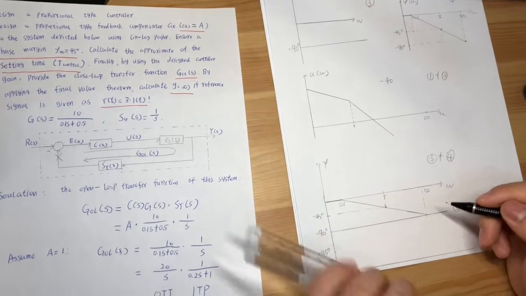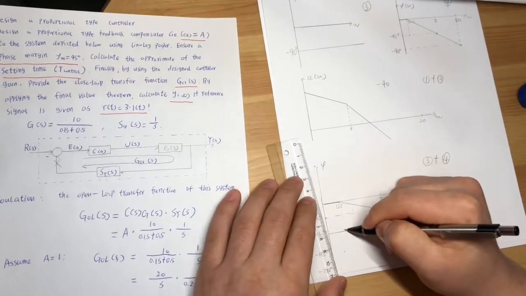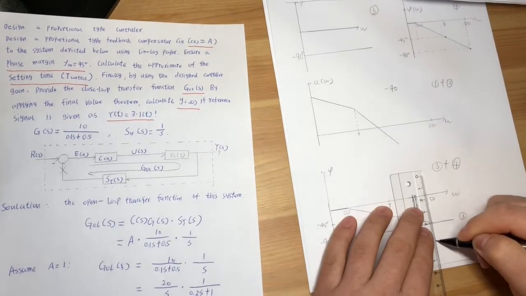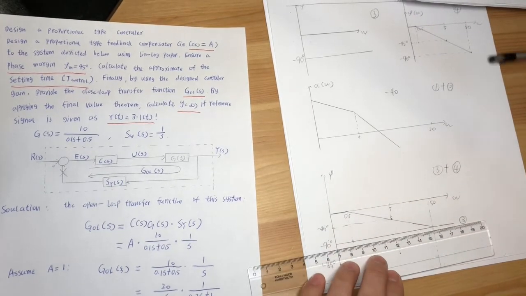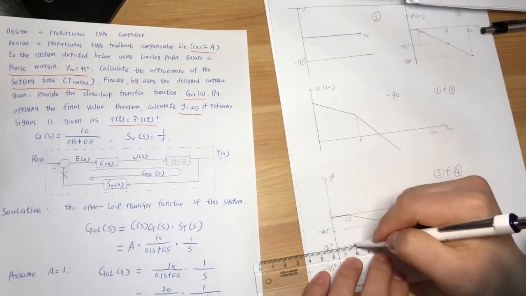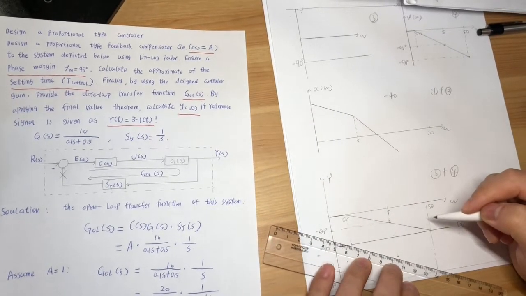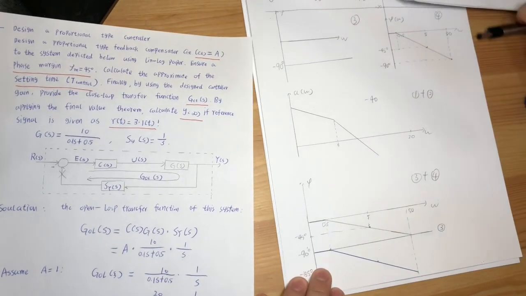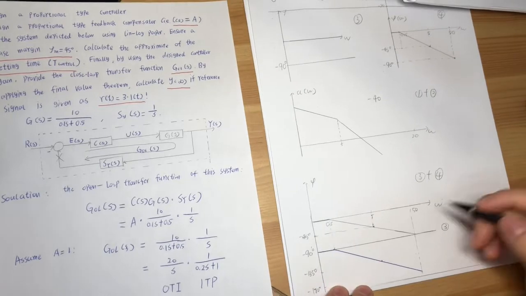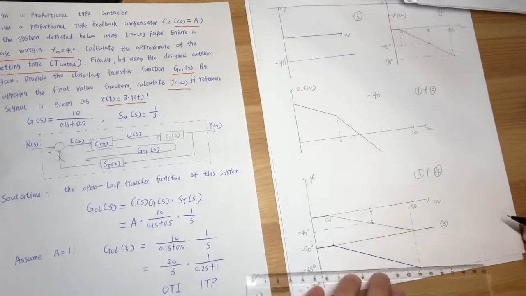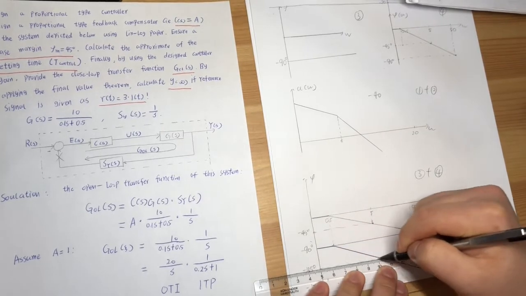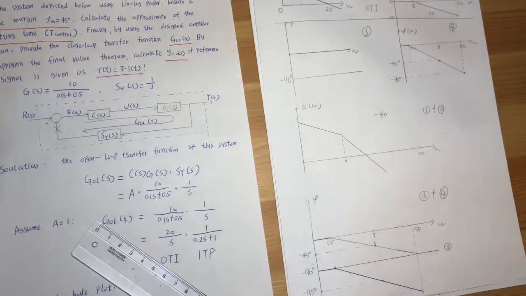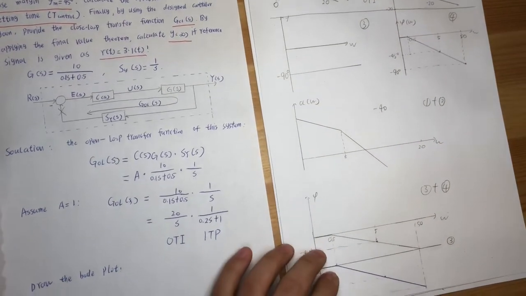We merge them together. This blue line is what we get at the end. So it's just a sketch to show how to draw the Bode plot.